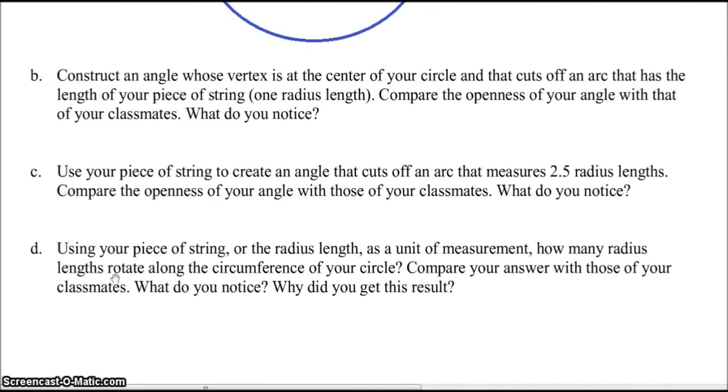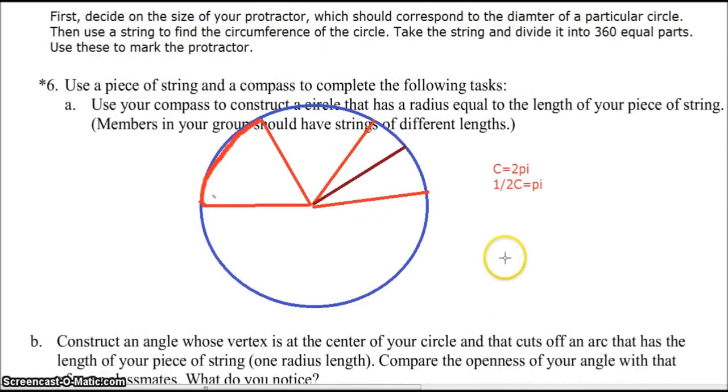Using your piece of string or the radius length as a unit of measurement, how many radius lengths rotate along the circumference of your circle? Compare your answers with those of your classmates. What do you notice? If you go all the way around, you should have 6.28 of these radii, and that's equal to 2 pi.